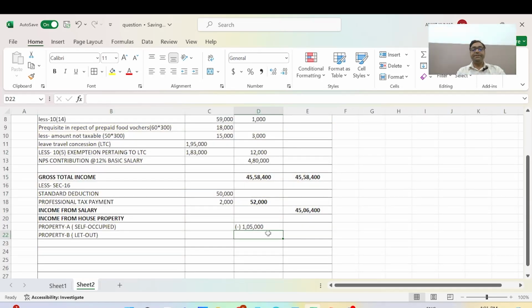Property B is 60,000, and it will be added. Property C is also let out, and this amount will be minus 80,000.